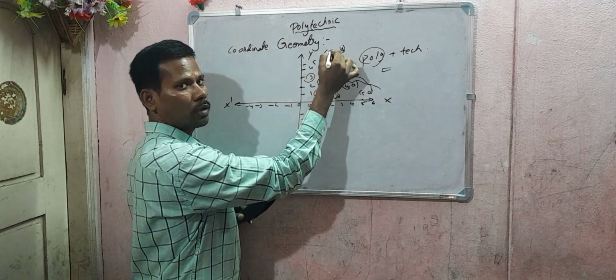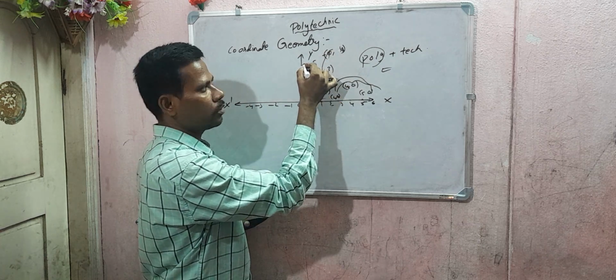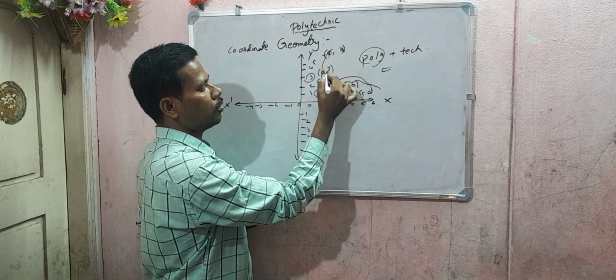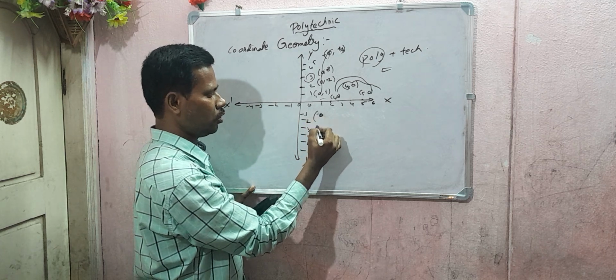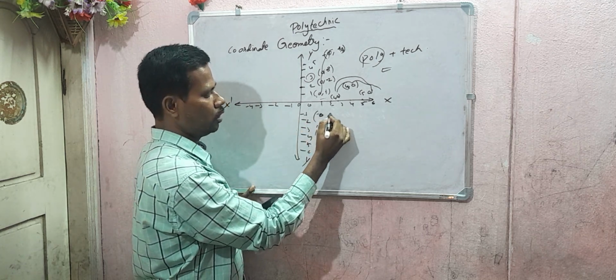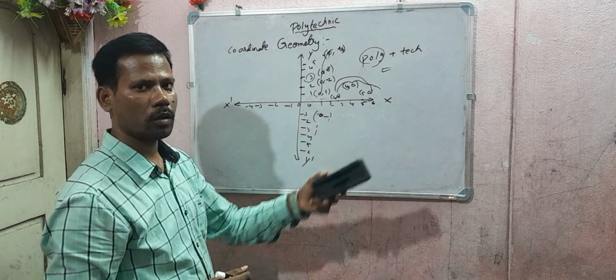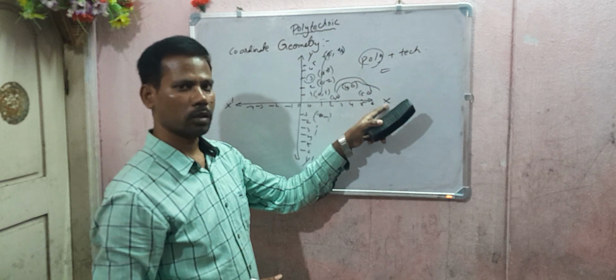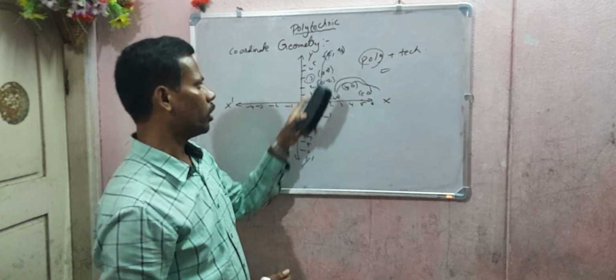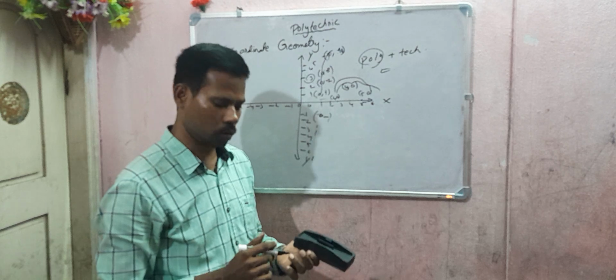What pattern did you observe? The x coordinate is 0 on the y-axis, and the y coordinates are different. So from this, what you understood is: on the x-axis the y coordinate is always 0, and on the y-axis the x coordinate is always 0. This is one basic rule.